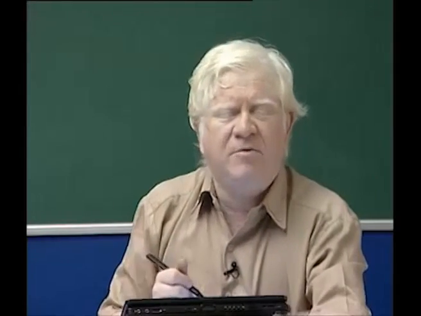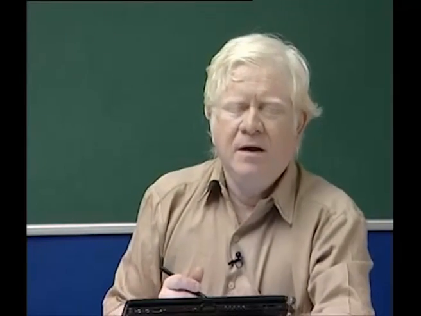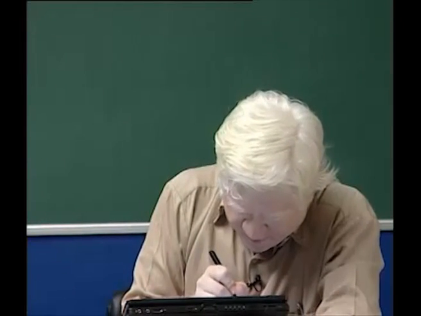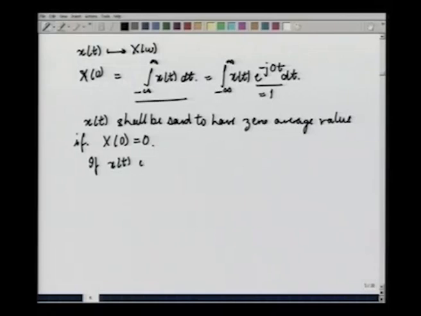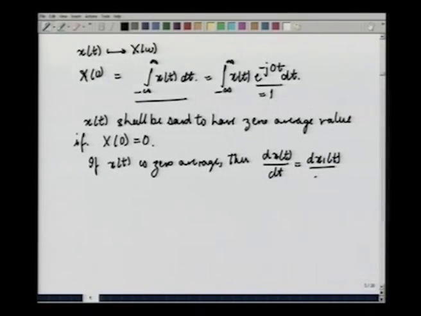So, going back to our two newly defined signals x1 of t and x2 of t, it turns out that if x of t is 0 average, then dx by dt equals dx1 by dt equals j omega X of omega, right.